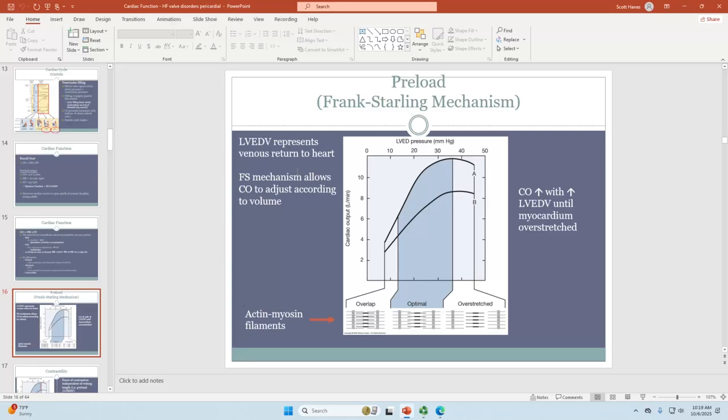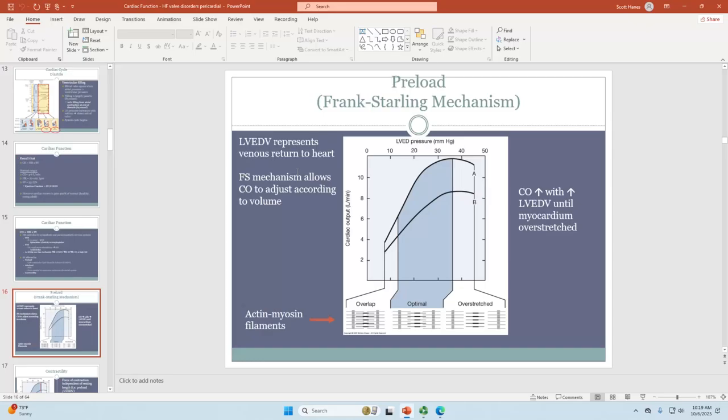What this graph refers to, and for this slide, we only really need to pay attention to one of these graphs. It really doesn't matter which one. A would be a person that has a healthy heart. B would be some degree of heart failure or compromised contractility. But what we can see in each of those is the same pattern.